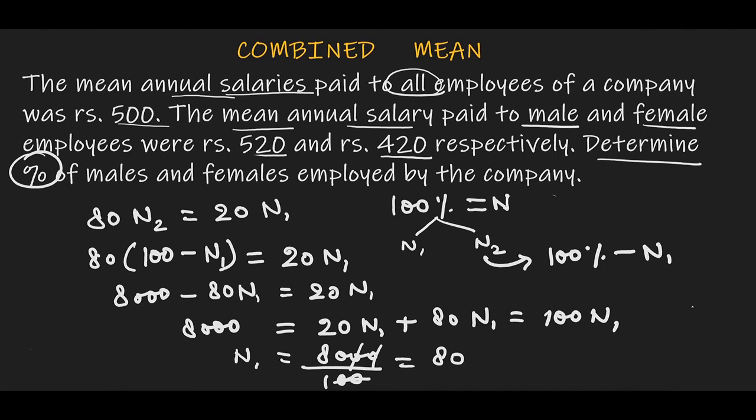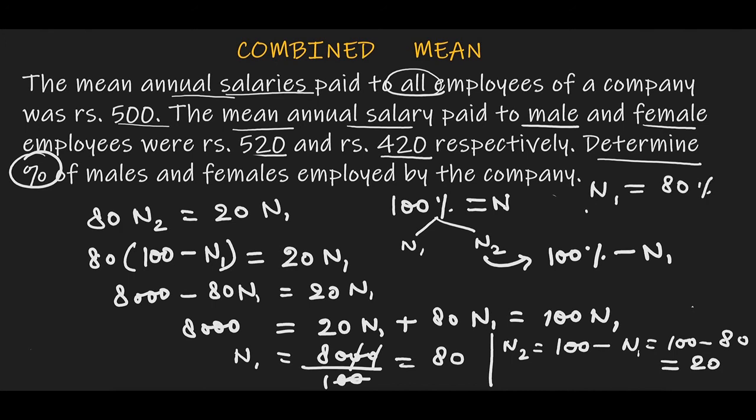So N1 is 80 and N2 will be 100 minus N1, that means 100 minus 80 is equal to 20. Because we are considering all these values in terms of percentage, the percentage of males, that is N1, will be 80% and females will be 20%. So this is our final answer.